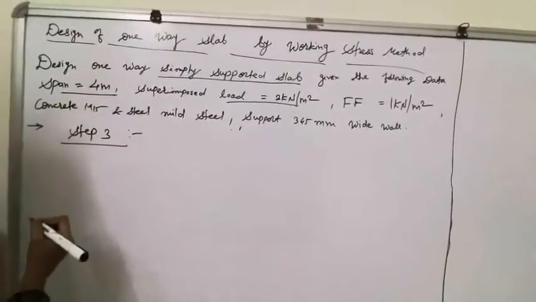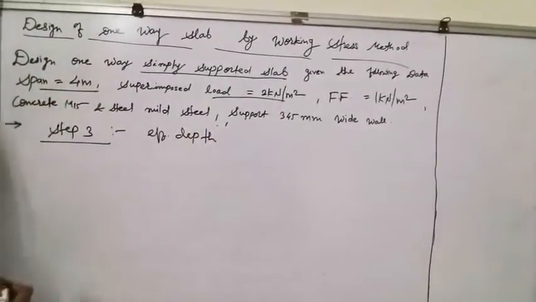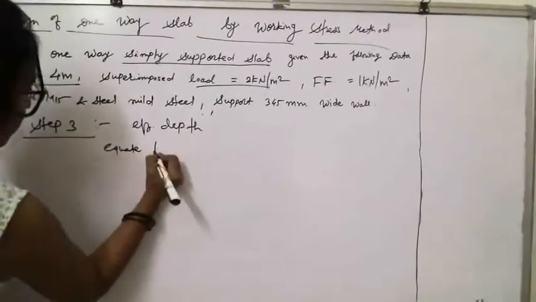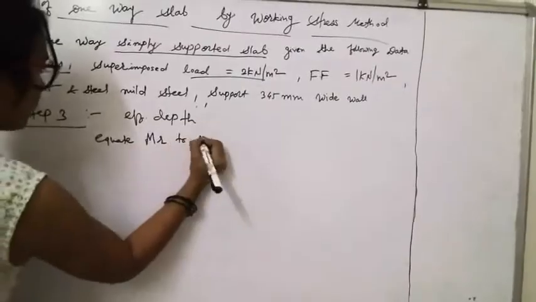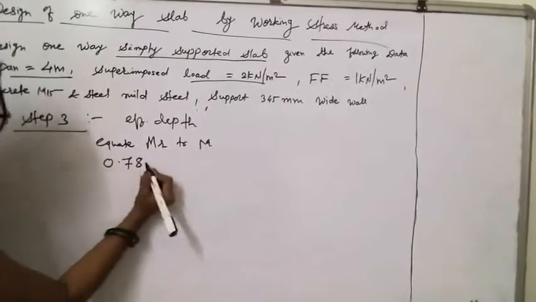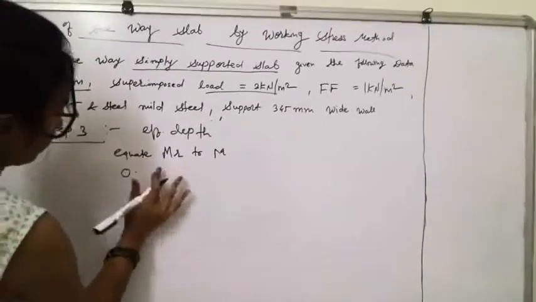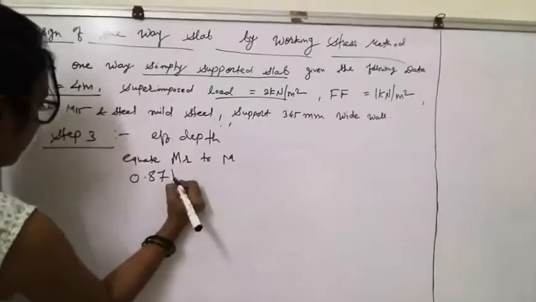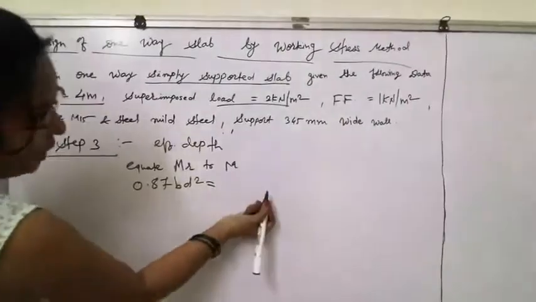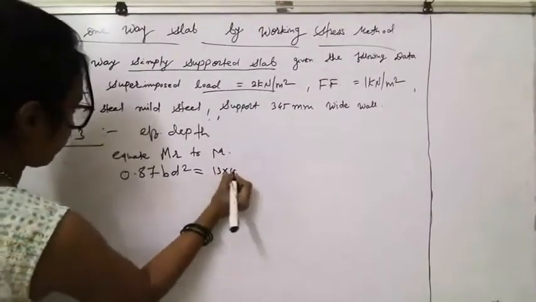Step number 3: effective depth. I told you the meaning of effective depth. Equate the resisting moment to our calculated bending moment. The resisting moment, we had already seen in step number 1, is 0.87 of B d square, and the value of M, wL square by 8, we had already found out, is 13 into 10 raised to power 6.